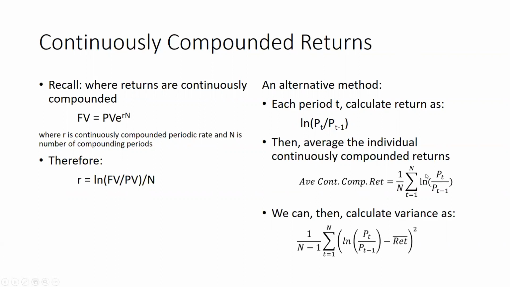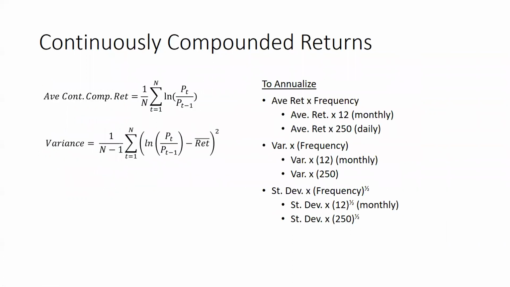So this is really awesome. We have continuously compounded returns that result in a first moment and a second moment. And I've got more good news for you. If you want to annualize, it's super easy. With continuously compounded returns, the way you annualize the return is simply multiply your continuously compounded average return by the frequency.